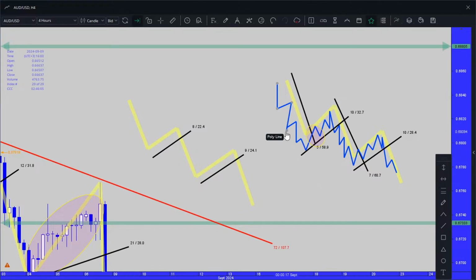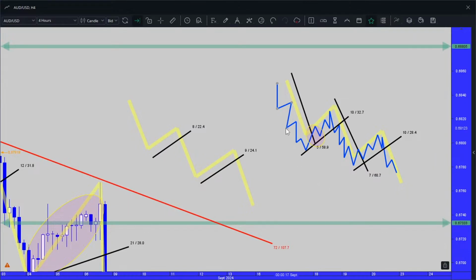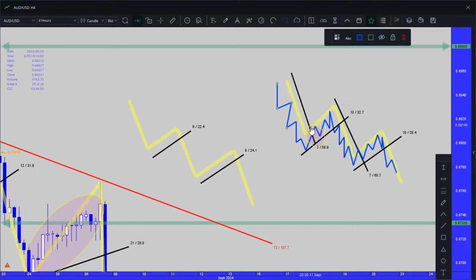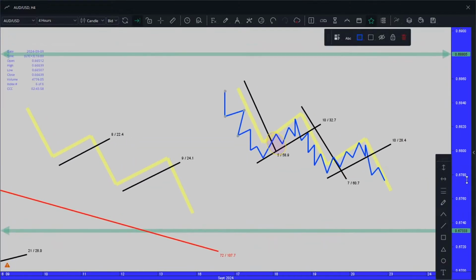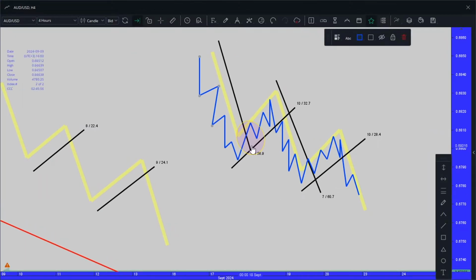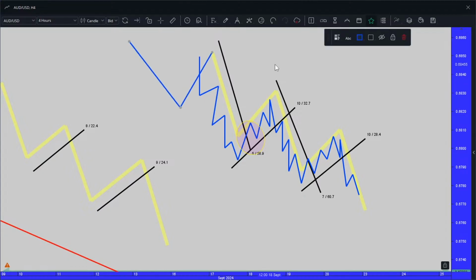So if I am the guy who is selling, see the circle? I'm shorting the market in the circle because I can see that the market is in a downtrend.